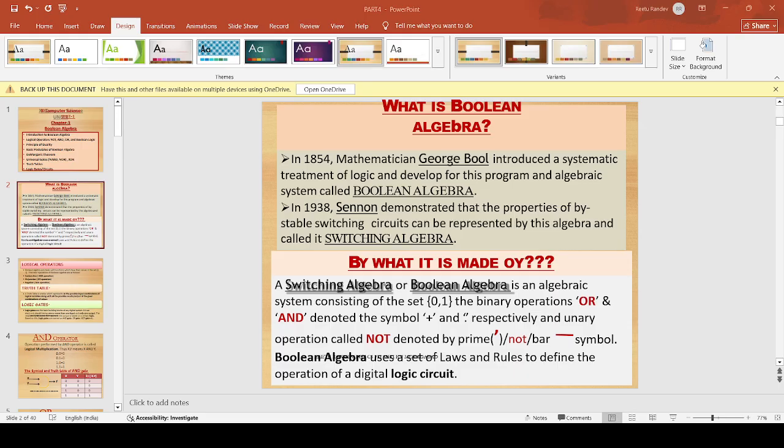So we have certain questions also. We can take some examples to prove using the truth table and logic gates. We get the expression and we are asked to draw the logic circuit.